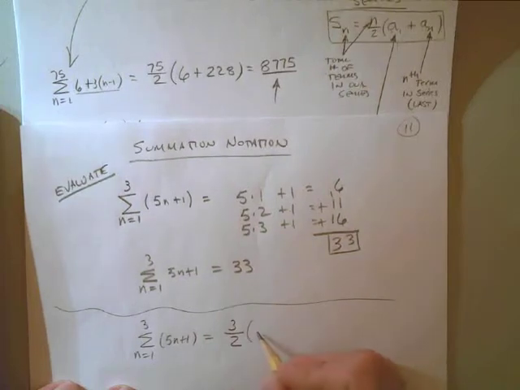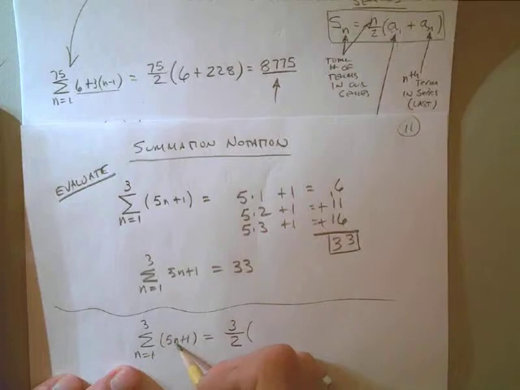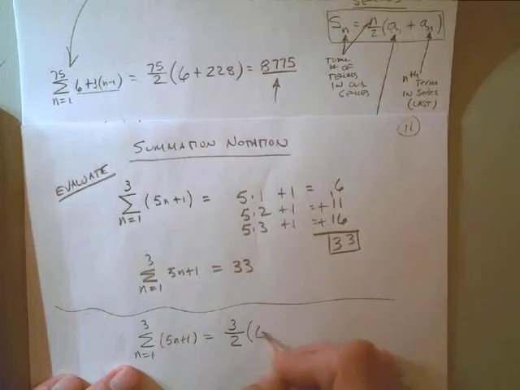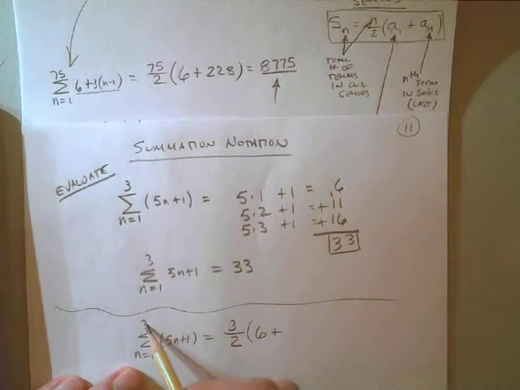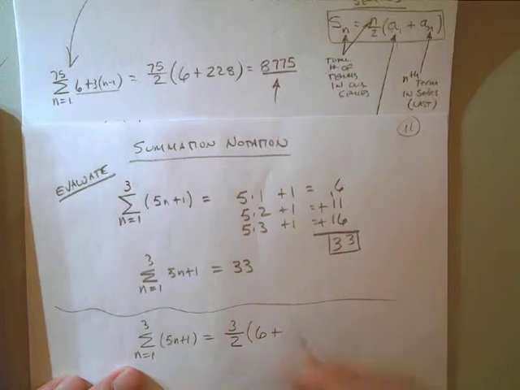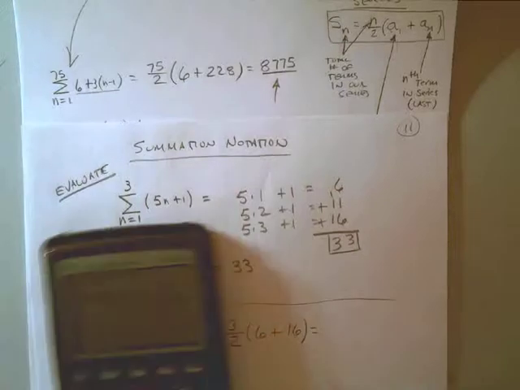And then this first number is the value of the first term. So you would take 1 and plug it in. 5 times 1 is 5, plus 1 is 6. And then we want to add the value of the last term. And the last term you get by taking this number and plugging it in. So 5 times 3 is 15, plus 1 is 16. Okay, so now we just add those up.